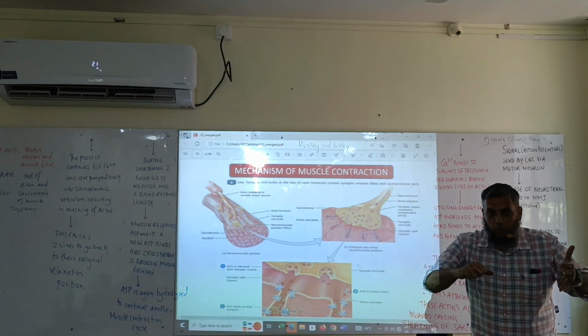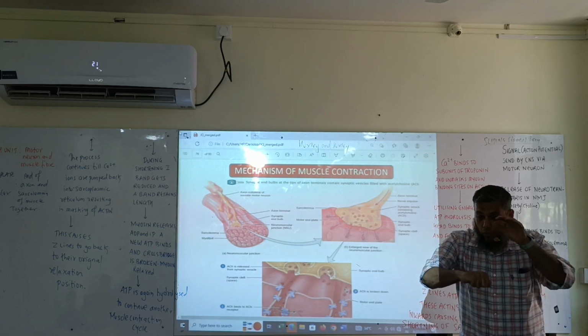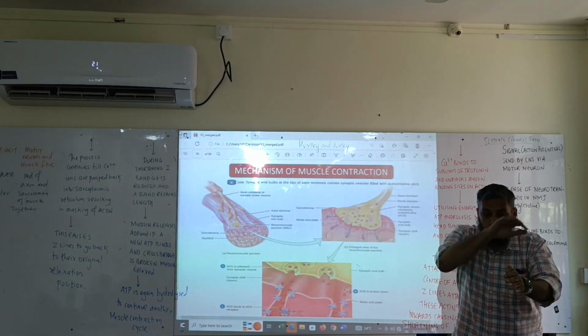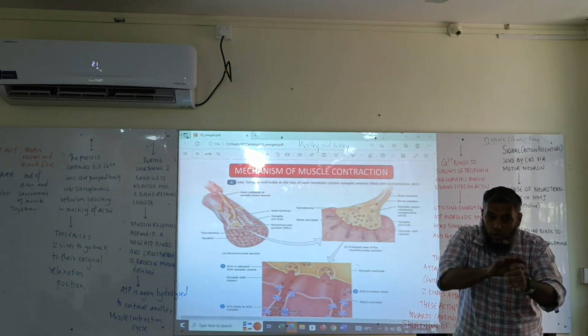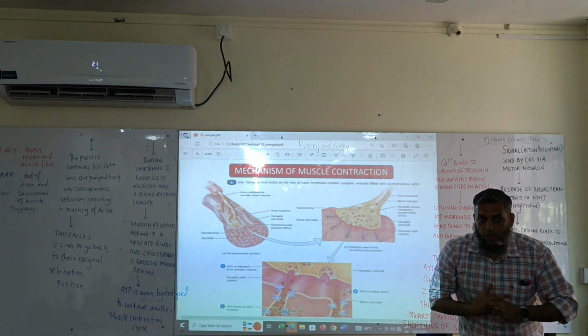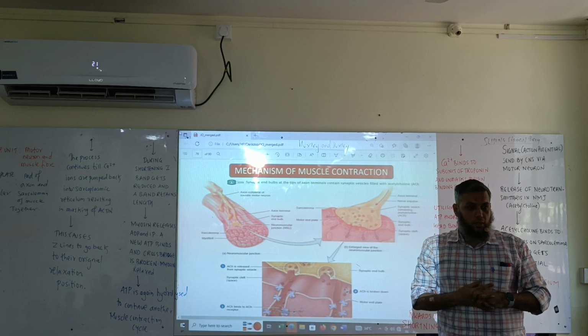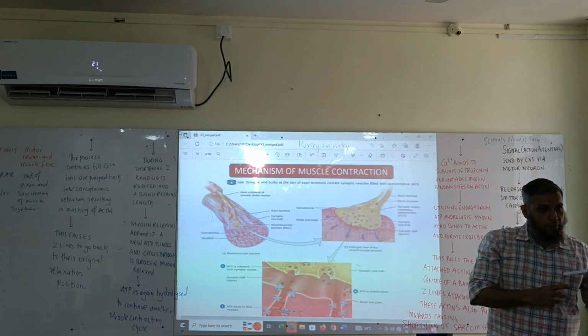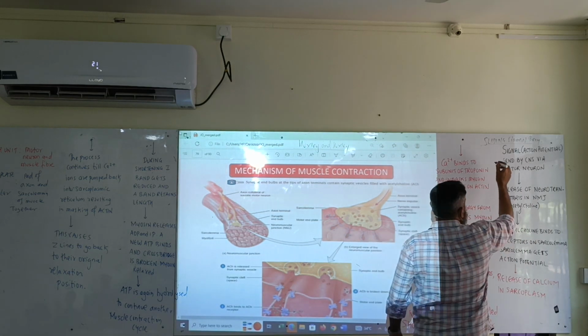So can I say the action potential was transferred from the neuron to the sarcolemma of the muscle via the acetylcholine? So acetylcholine will be called a neurotransmitter. Clear everybody?